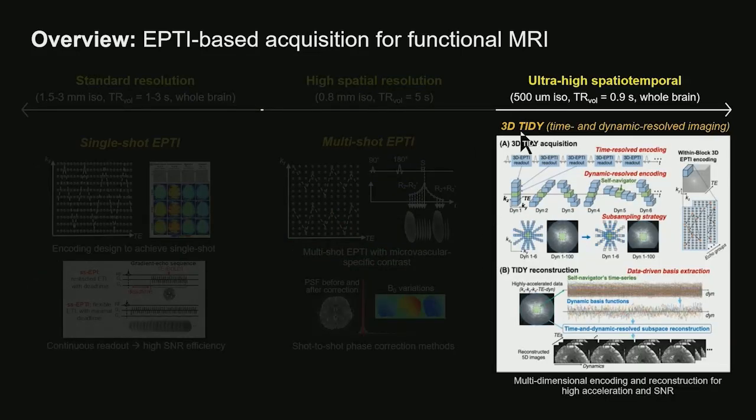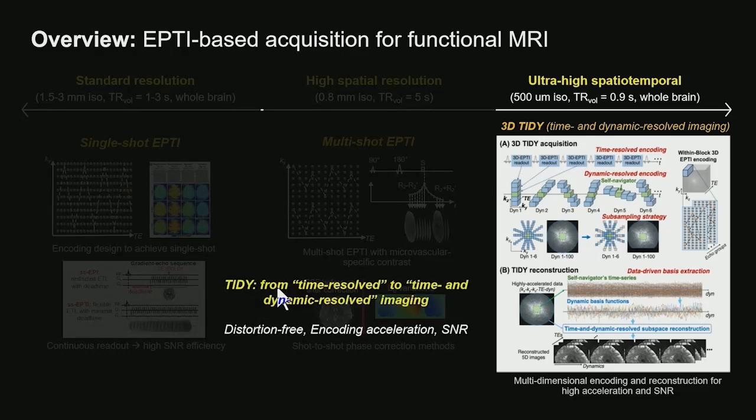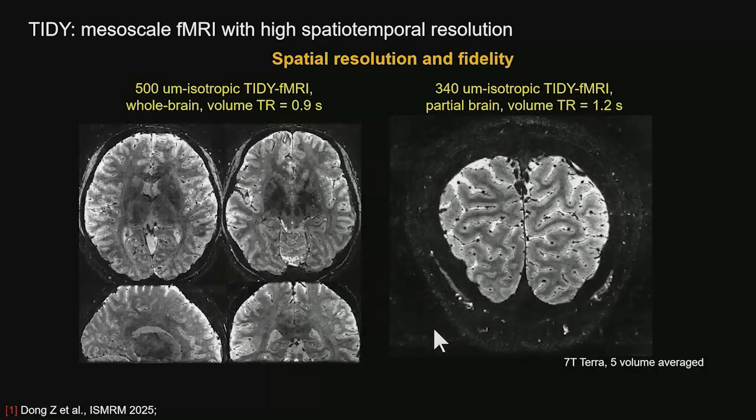This is a new technique called 3D TIDY, from time-resolved, time and dynamic resolved imaging, with a dynamic-resolved encoding to enable high spatial-temporal acceleration with the 3D EPTI readout to address the distortion, as well as time and dynamic resolved subspace reconstruction with data-driven basis extraction to achieve high spatial-temporal fidelity. There are more details today at the oral, an hour later. So I'm just going to show some images of this technique.